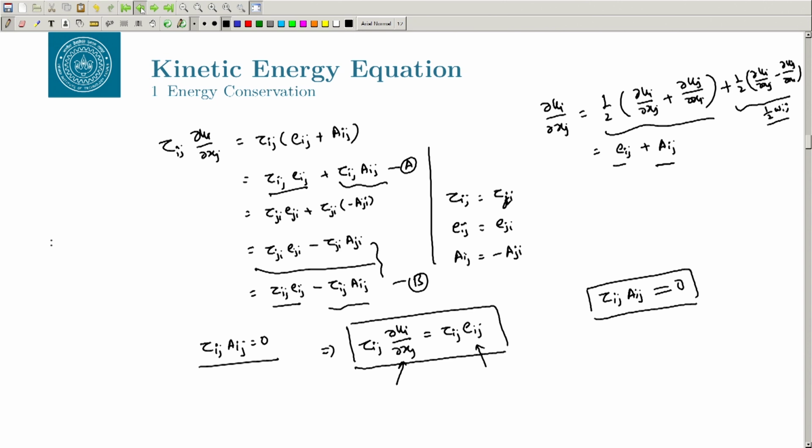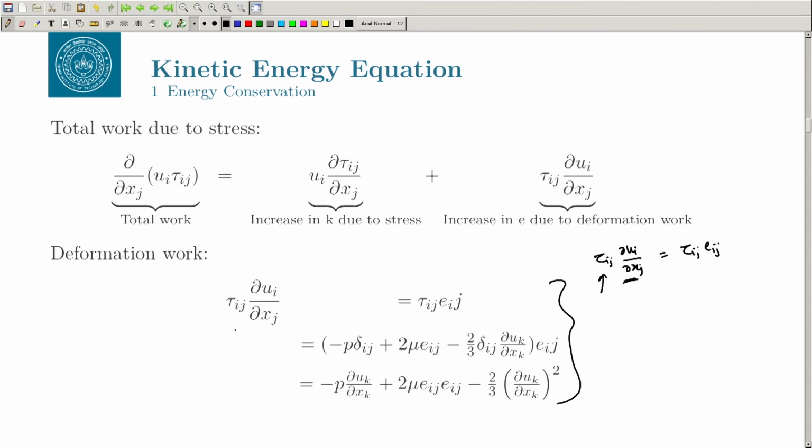So, if you use this relation, you can write tau_ij del u_i by del x_j as tau_ij E_ij, and you can further write this tau_ij using our constitutive relation that we have derived. By the way, the constitutive relation that we have derived is for the Newtonian fluid, where we say there is a linear variation of the stress due to the strain, but it need not be linear.